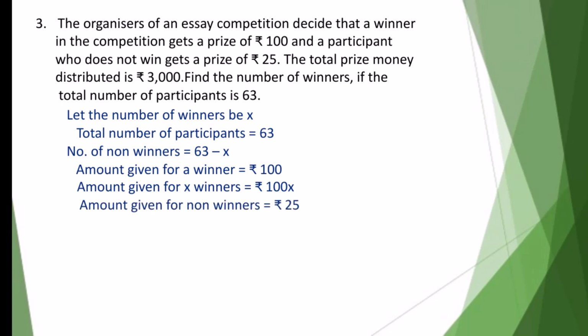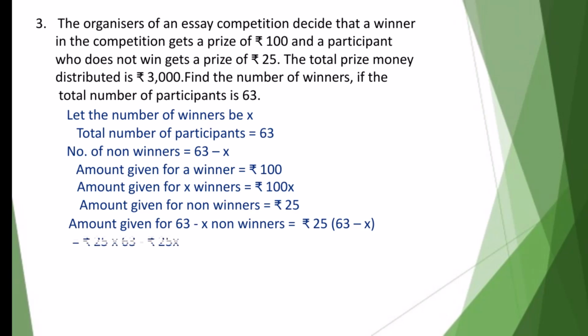Then the amount given for a non-winner is rupees 25. So the amount given for 63 minus x non-winners is rupees 25 into 63 minus x. Opening the bracket, we can simplify: rupees 25 into 63 minus rupees 25x.